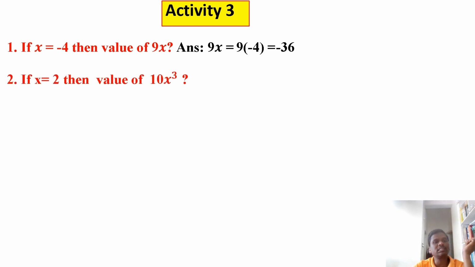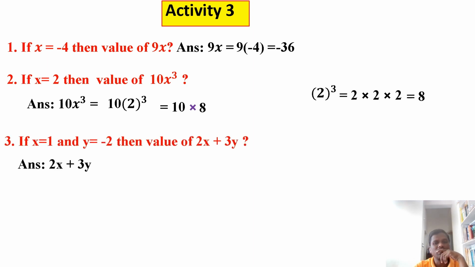Now if x is equal to 2, then the value of 10x cube: instead of x we substitute the value 2, so 10 of 2 cube. What is the value of 2 cube? It is 8. So now 10 into 8, totally we get 80.